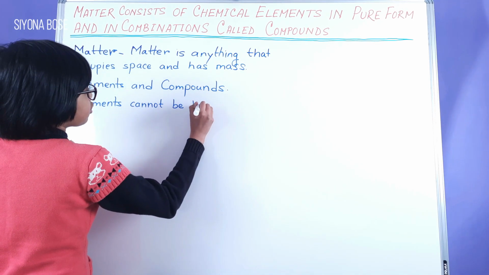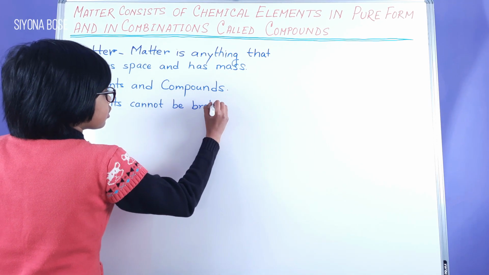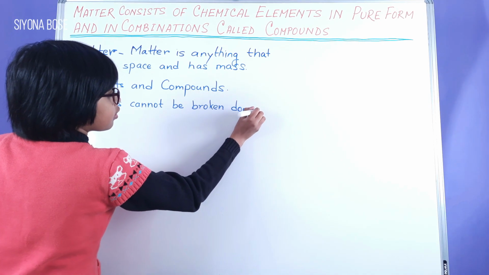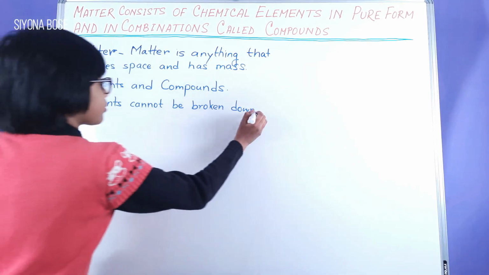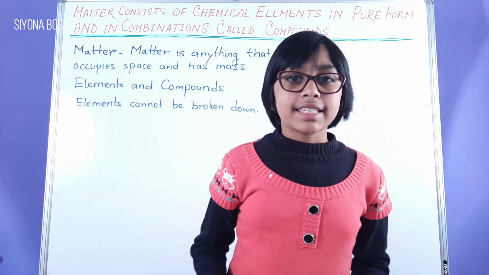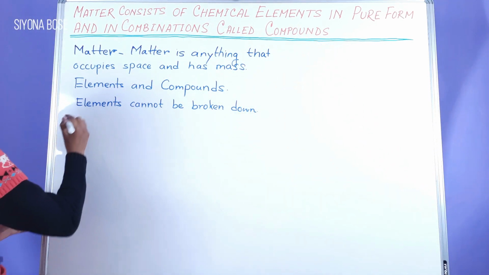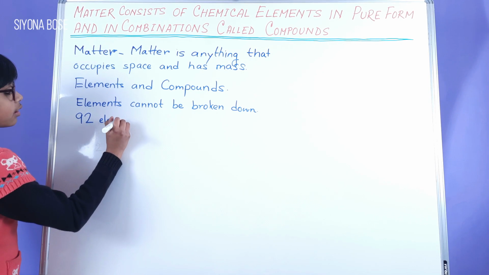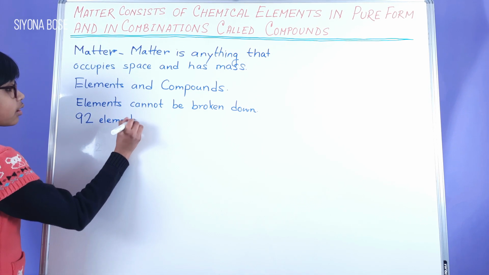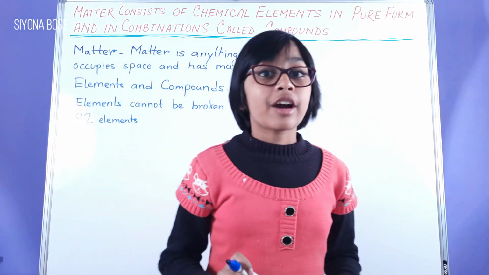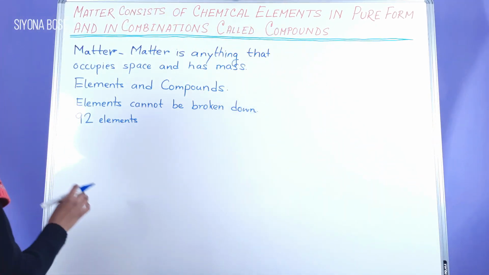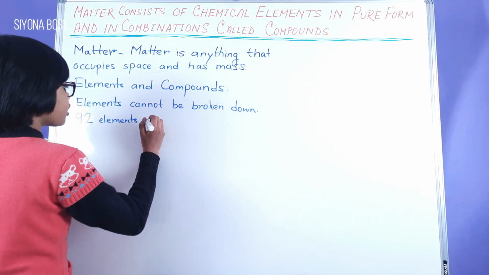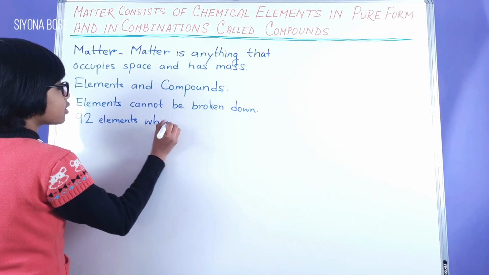Scientists have found 92 elements in natural occurrences, meaning naturally found elements.